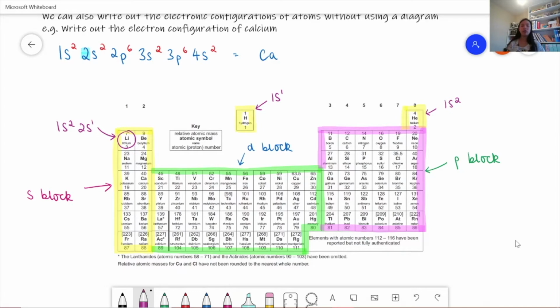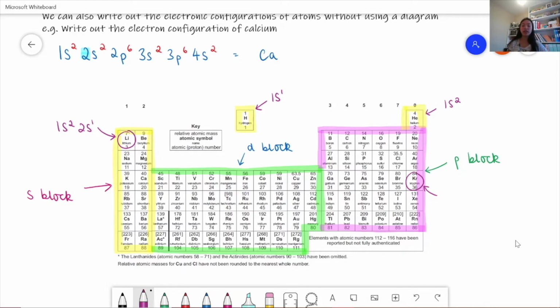So for example, if we wanted to work out, let's say krypton here, instead of counting all the way across the periodic table, we can simply work this out by just looking at the block and the period it's in. So it's in the p block, so that means that the outer electron is in a p orbital, and it's also in period 4, and so the outer electron must be in a 4p orbital.